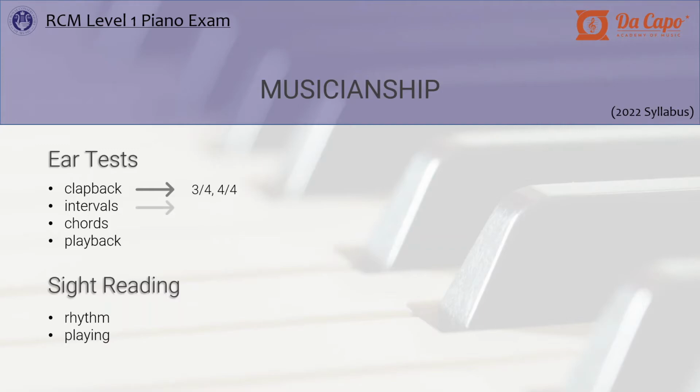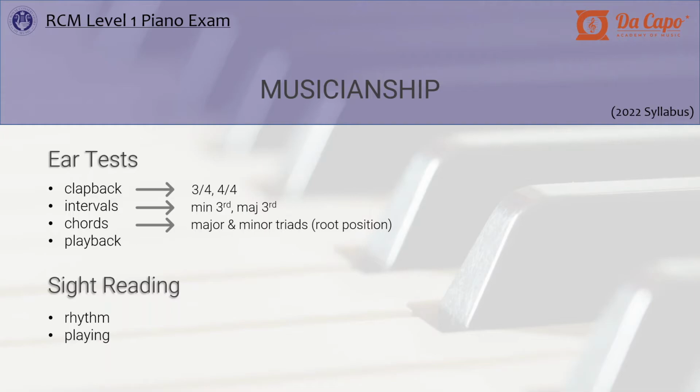For the intervals, this is where we have to identify a distance between 2 notes. And here we're going to have either a minor third or a major third. For the chords, again, we're identifying the quality of a chord or a triad. And the options here will be major triad or minor triad.